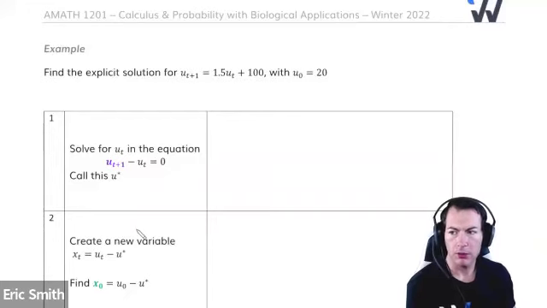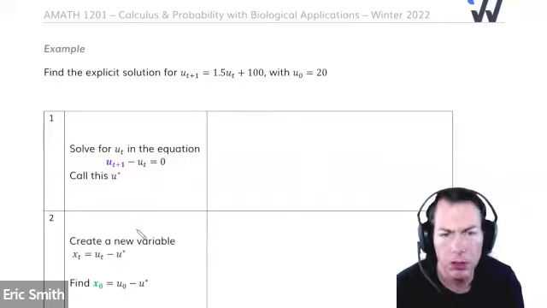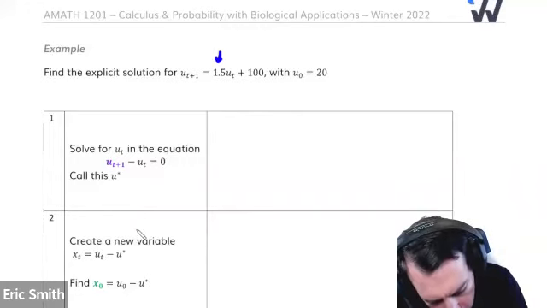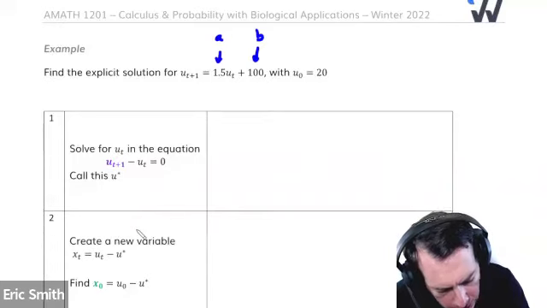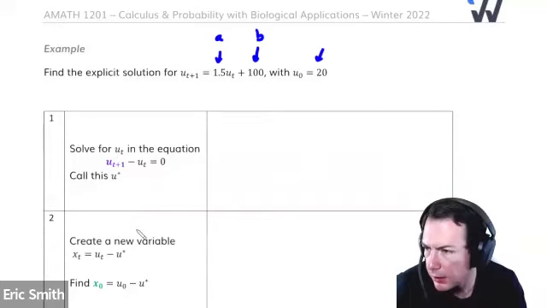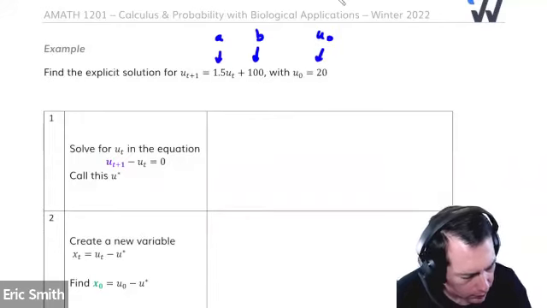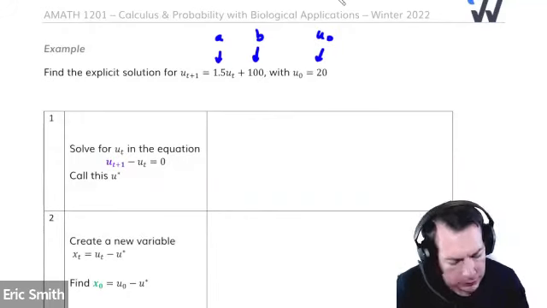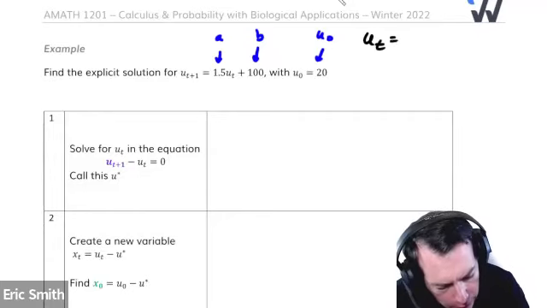With these current parameters, you could take the formula that I just wrote down and build an explicit form. You just have to identify your A and your B in here. You could do it. So A in this case is going to be that 1.5. B is going to be that 100. And yeah, the u sub 0, that's what we already identified as our starting amount. That looks good. So we could just build it directly. We could say u of t is equal to, let's go ahead and copy that down.